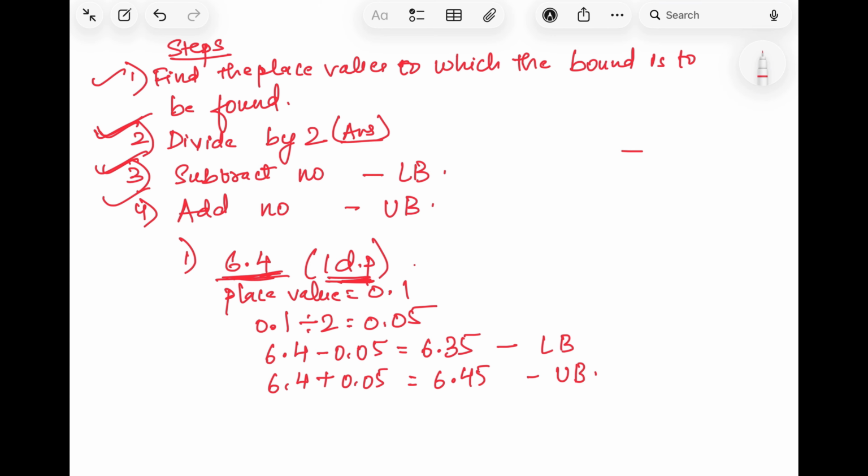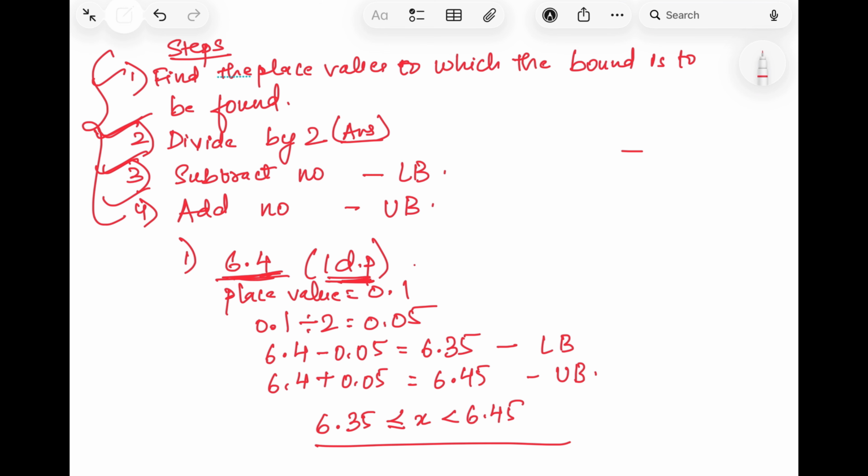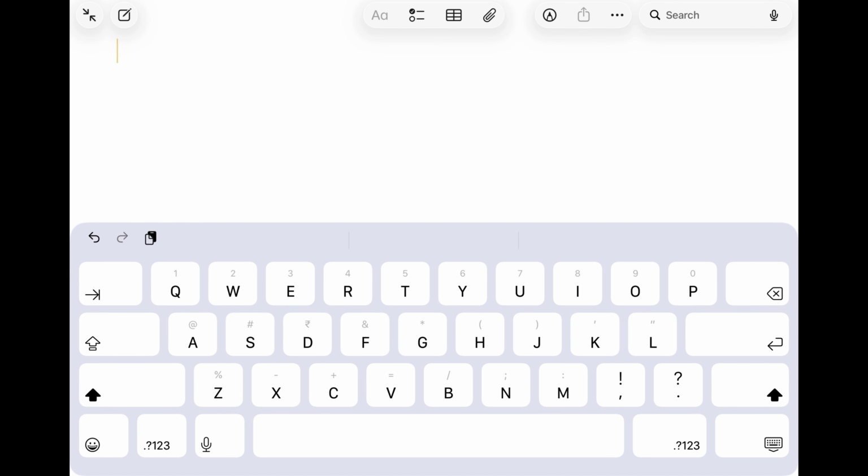So we take this number as x, and we write 6.35 less than or equal to x less than 6.45. This is the way of writing the bounds as an inequality. These are the steps through which you can find bounds. Let's take up one more example so that you understand better.